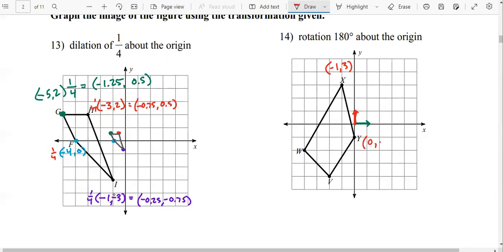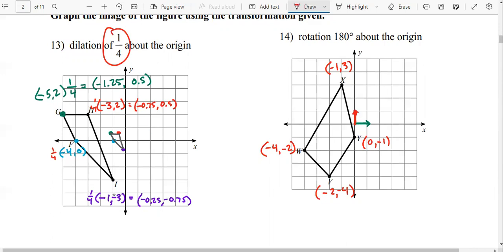This is 0, -1, -2, -4, -4, -2. Dilations are easy, just multiply back to 13. Just multiply each coordinate by the dilation factor. Rotations are a little more difficult.